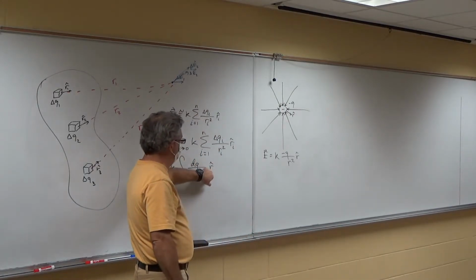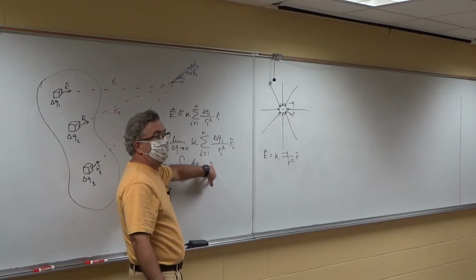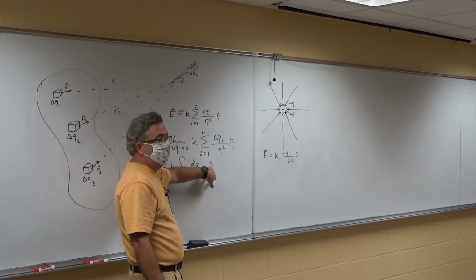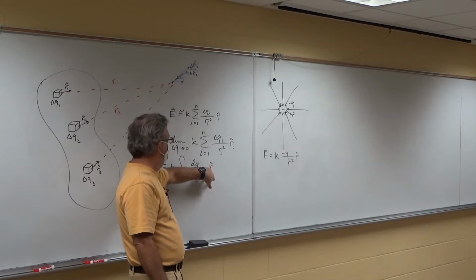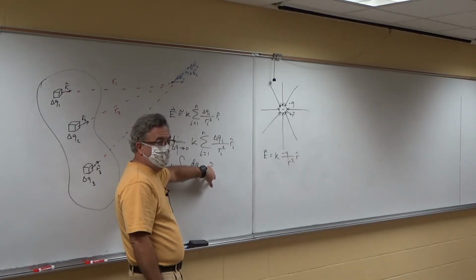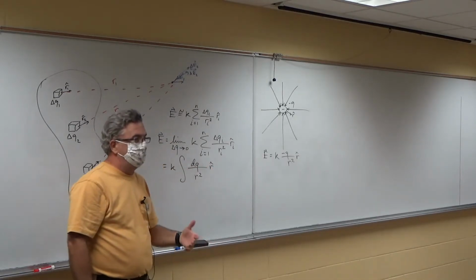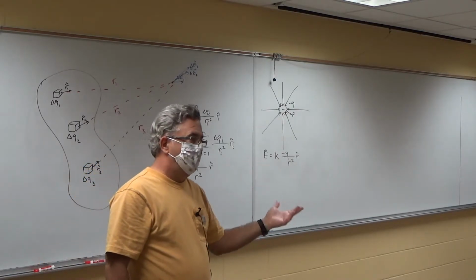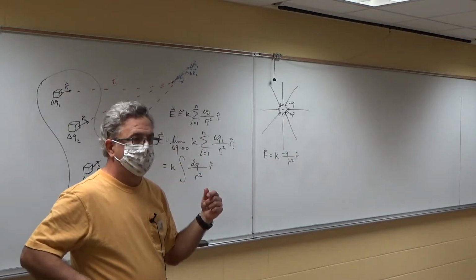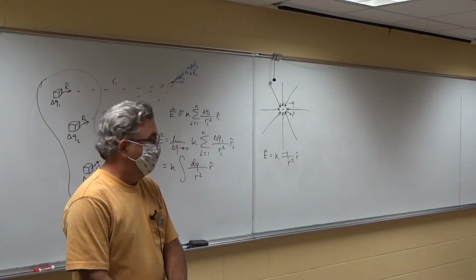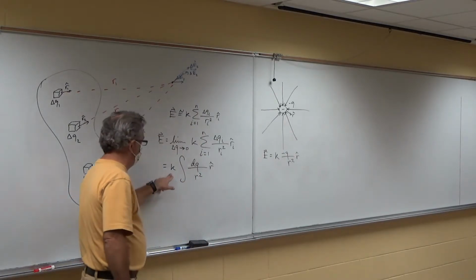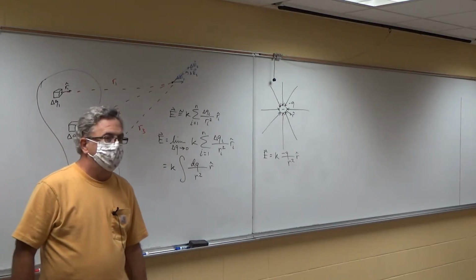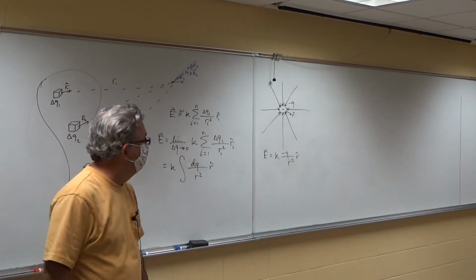R hat tells us, if we're in Cartesian coordinates, which we usually will be, we have to take care of the vector. So we're going to find components of the electric field, the x component, the y component, and so forth. We're going to be filling in the blanks. And k is just a constant that's along for the ride.